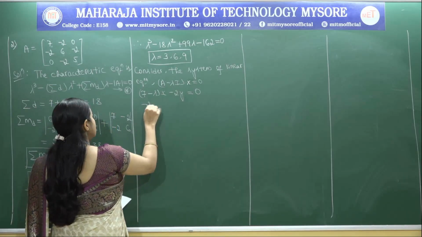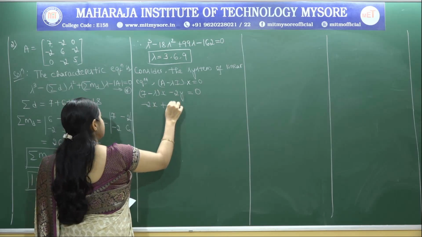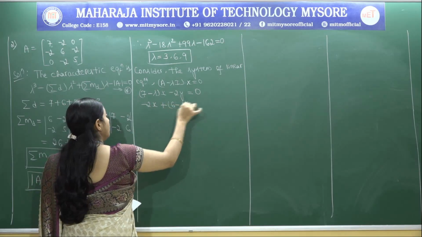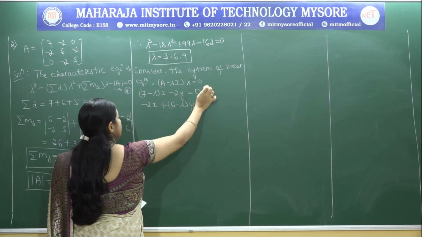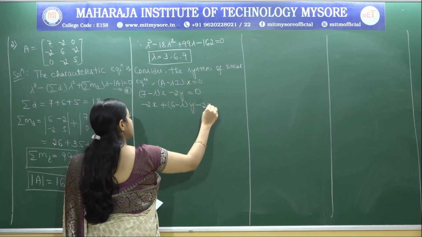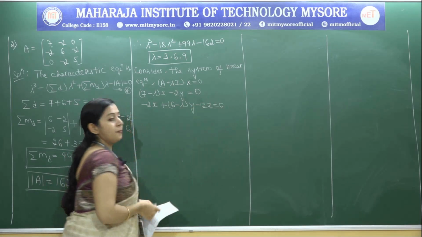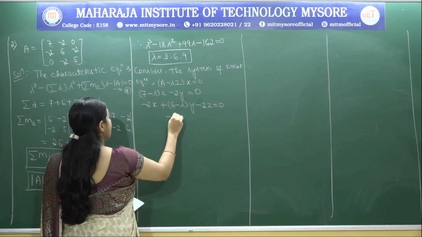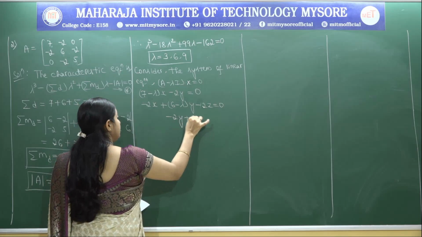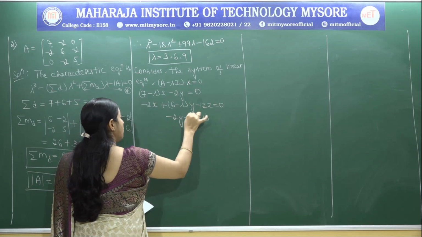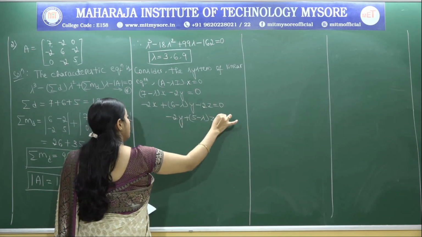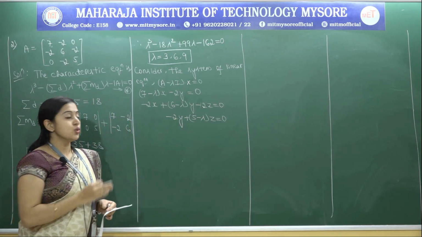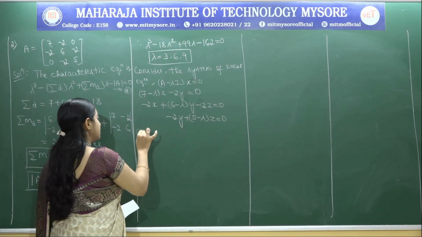Similarly, it is minus 2 into x plus 6 minus lambda of y plus, or negative sign you have, minus 2z equals 0. Third one, x variable is 0, minus 2y plus 5 minus lambda of z equals 0. So these are the system of linear equations.